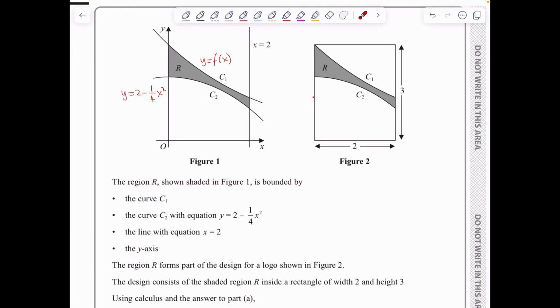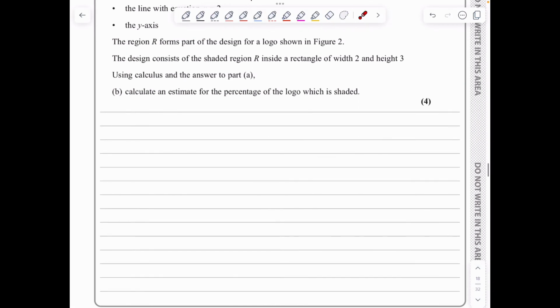So the focus here is to find an estimate for the region R. We know that since it is bounded above by f of x and below by 2 minus a quarter x squared, then the region R is simply going to be given by the integral from 0 to 2 of f of x minus 2 minus a quarter x squared. Remember, we need somehow to use our answer to part A, so I will start by splitting the integral of this difference into the difference of the integrals.